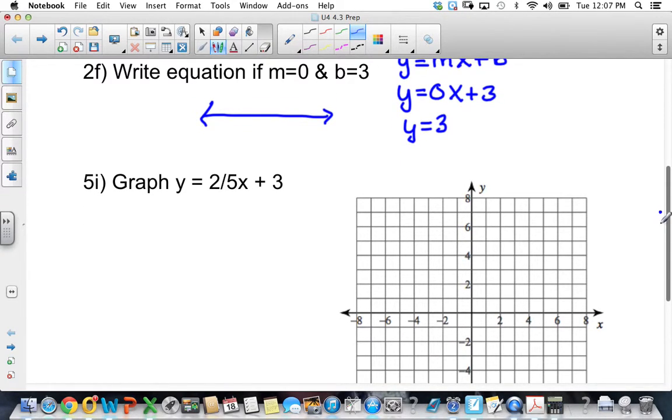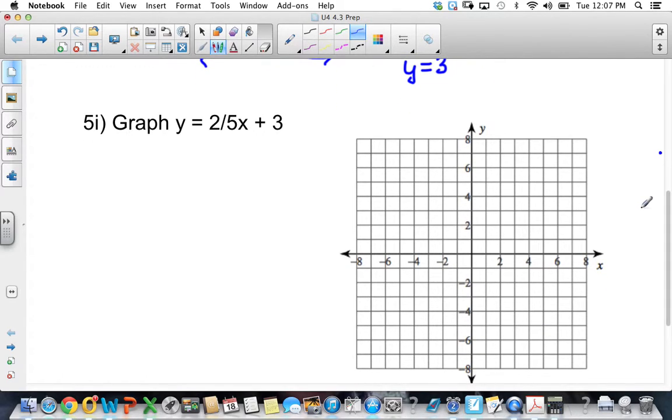All right, moving on to number 5. Number 5 asks us to graph the equation, and we are given the equation of the line in y equals mx plus b. So the two things we know are the slope and b, which is the y-intercept, which is 3.